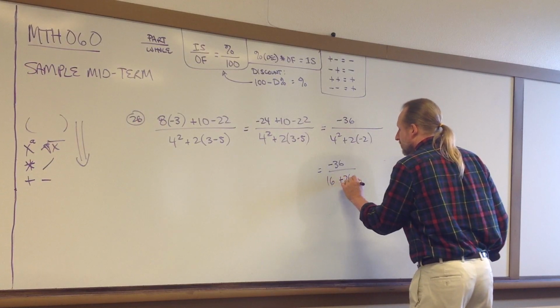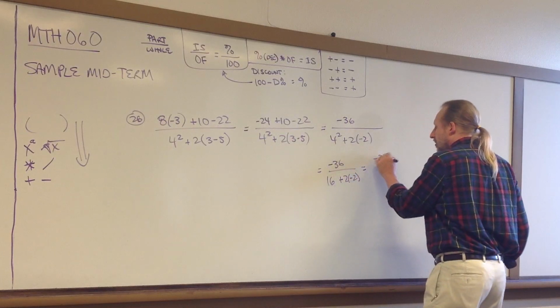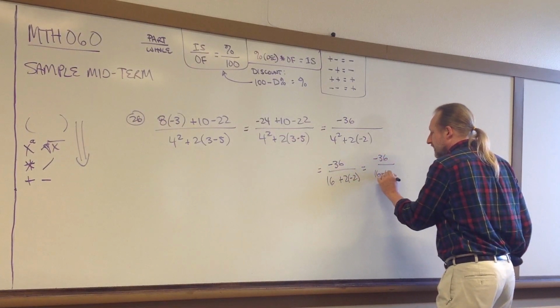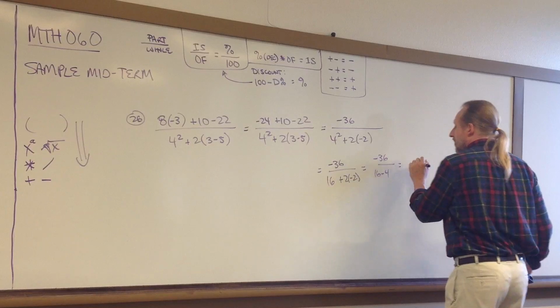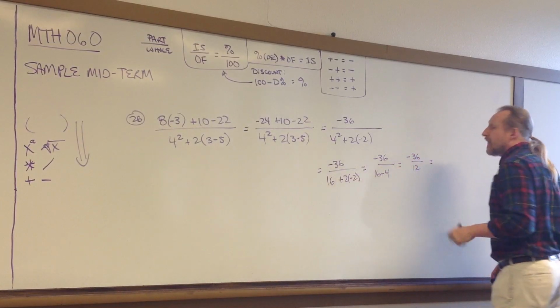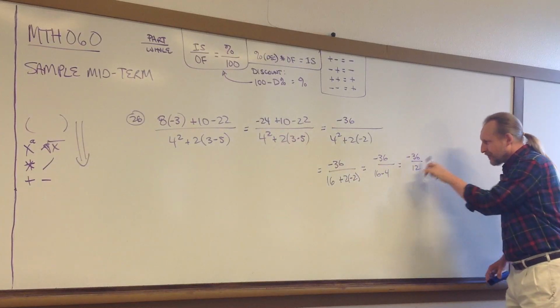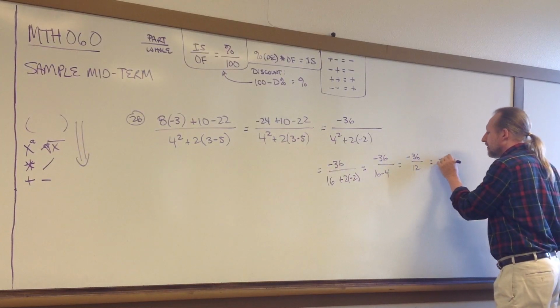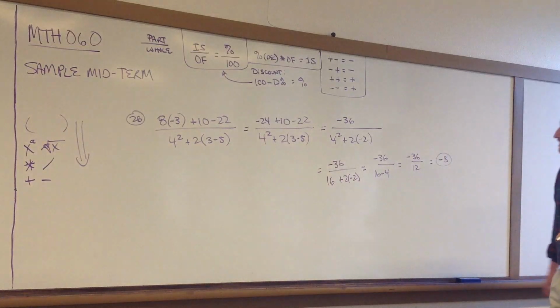All right. And that'll be 16 minus 4. Negative 36 on top. Positive 12 on the bottom. Now you can do negative 36 divided by 12. Negative 3. And there we go. Okay. Well, that's a good problem. I like that one.